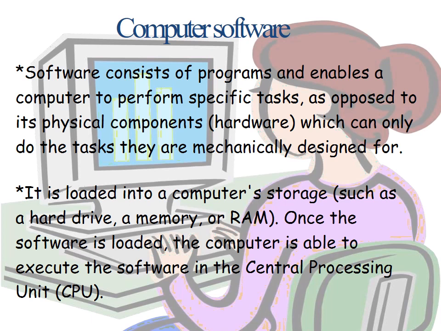It is loaded into computer storage devices. What are storage devices? A hard disk or memory or RAM. So once the software is loaded, the computer is able to execute the software in the central processing unit.